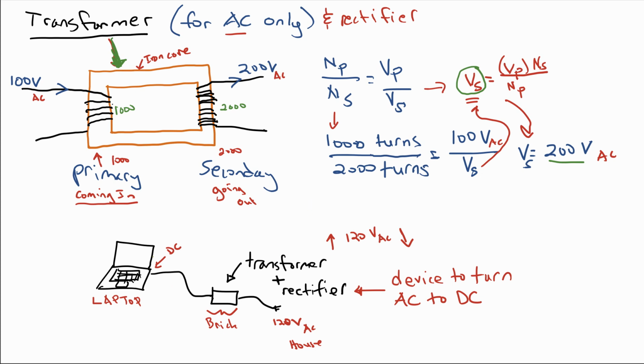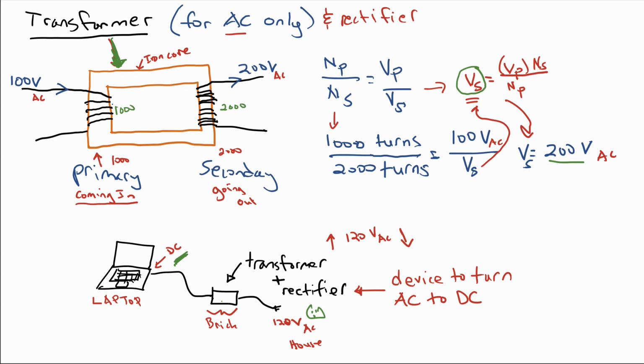Okay, and then let's say you have a laptop here, and a laptop runs off of DC electricity. That's direct current that we talked about. So it runs off of DC, but our wall socket in our house provides AC, so it's 120 volts AC, okay?